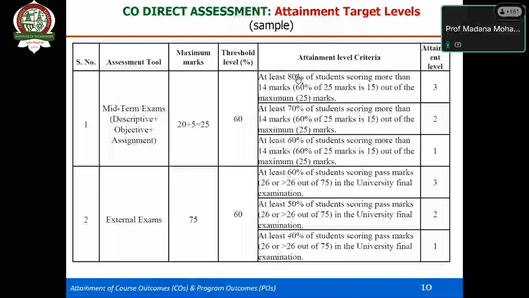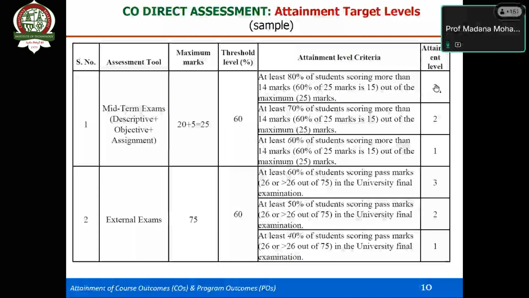For example, the first one: in our class, maybe 60 or 120 or whatever the student count, 80% of students scoring more than 60% of 25 marks, that is 14 marks out of a maximum of 25. Then that is your highest level.